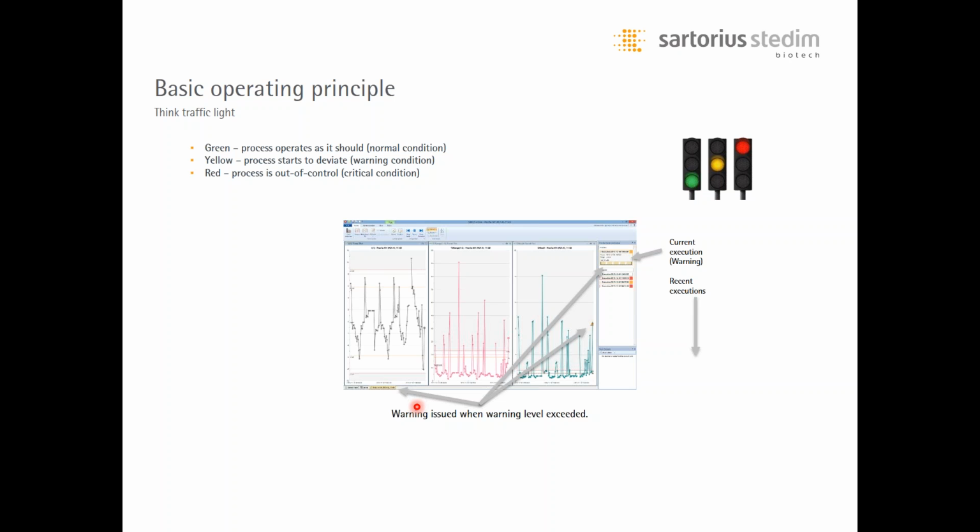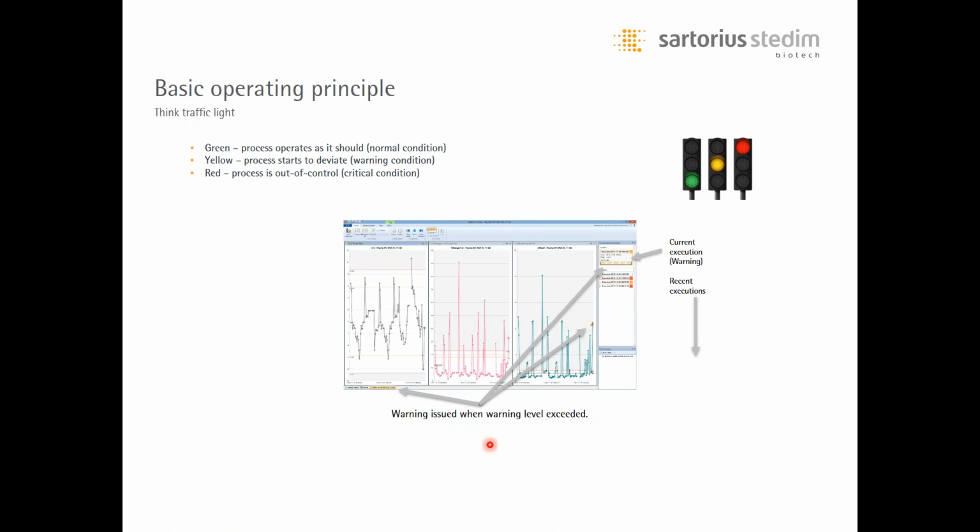When everything is working well, then things are colored green. And when we have particular batches or sections of process that start to approach or go beyond warning limits, these colors turn to yellow. And when we have a true deviation, then we get red colors.